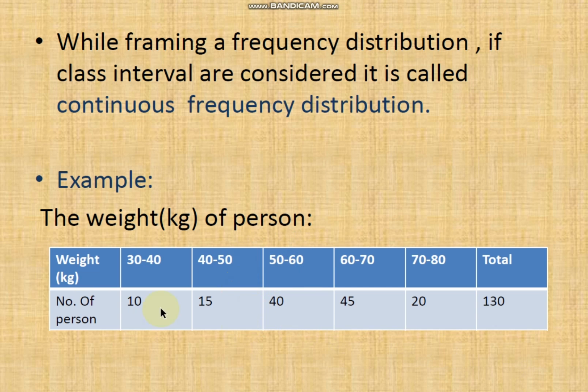When there is a range, that is lowest value and highest value, and the difference between the lowest and highest value is very large, then we break the data into smaller sub-ranges. They are called class intervals. We shall discuss this definition in the later parts. This type of distribution is called a continuous distribution. So these are the two types of distributions, that is discrete frequency distribution and continuous frequency distribution.